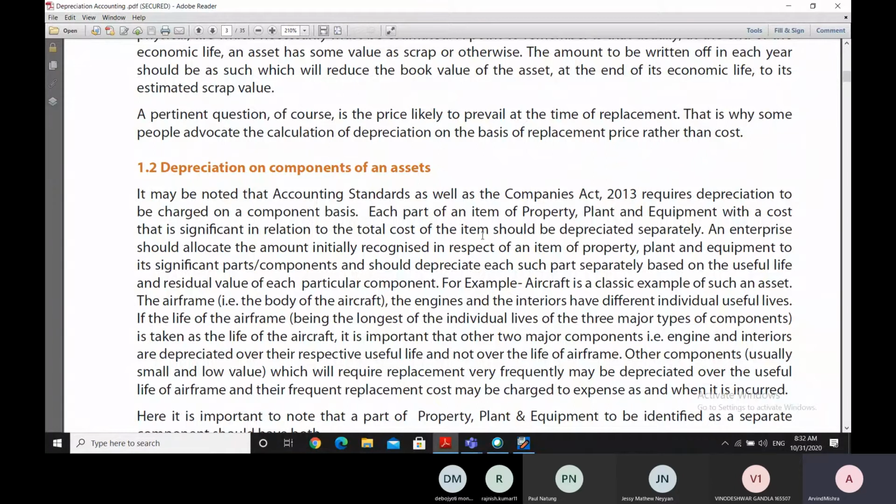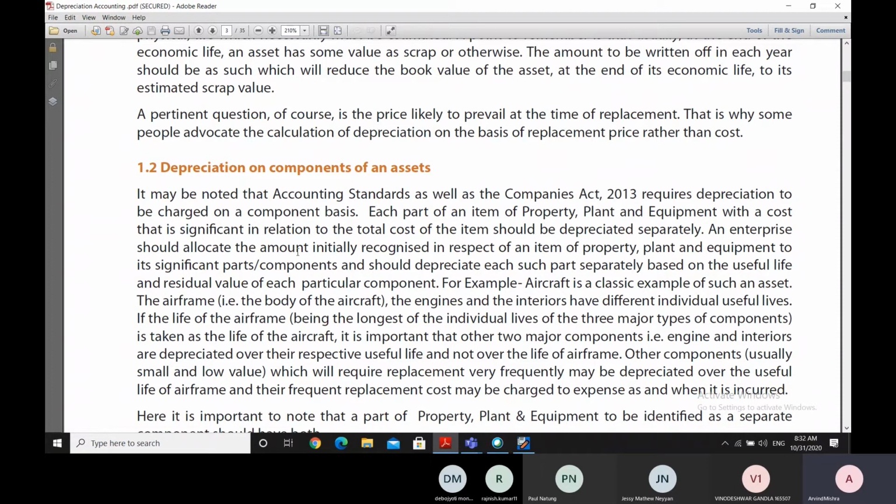If a component can be identified and that component cost is significant in relation to total cost, then that component should be depreciated separately. So any enterprise should allocate the amount that it initially recognized in respect of an item of property, plant, and equipment to its significant parts or components, and it should depreciate each such part.